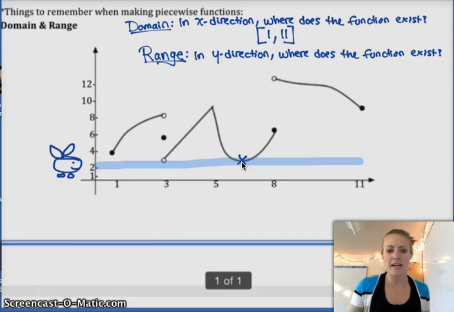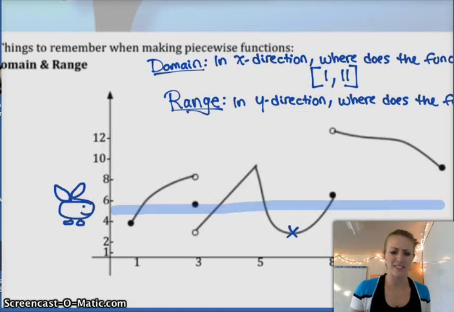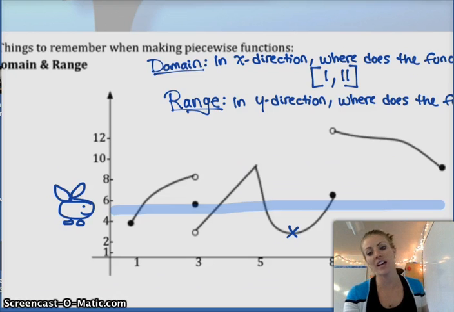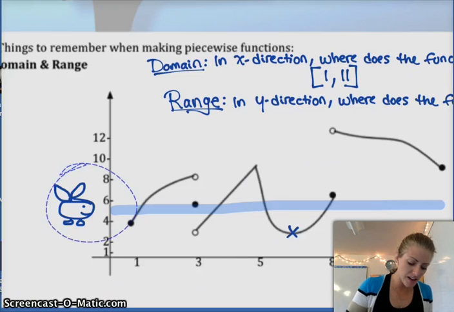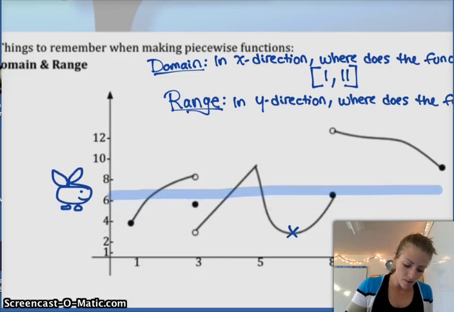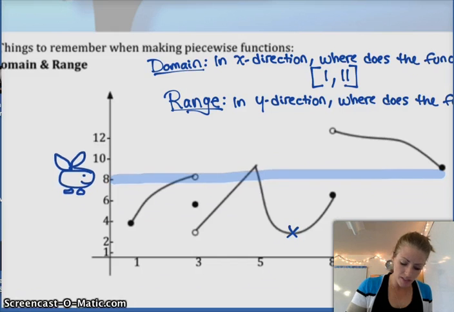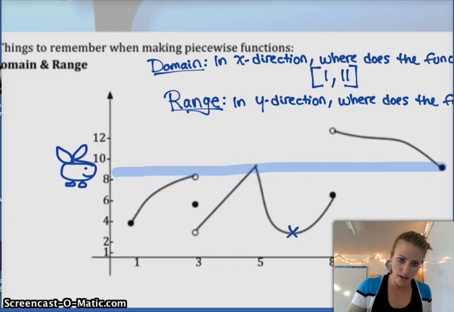My guy keeps moving up. Something funky's happening here because you see the graph a bunch of times, but it still exists, and that's all we care about. We just keep flying. Here we still have function, and we stop.